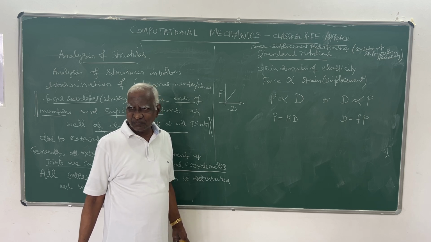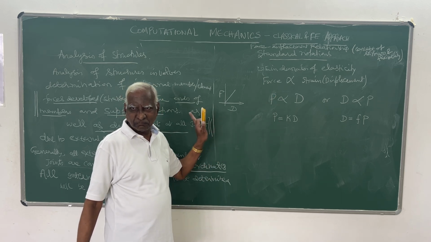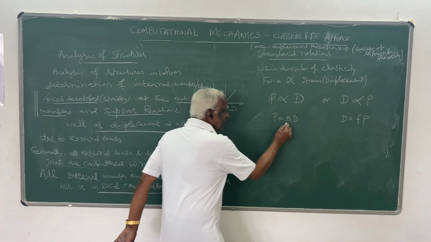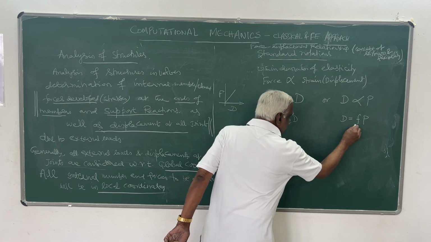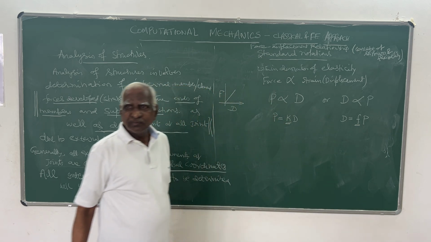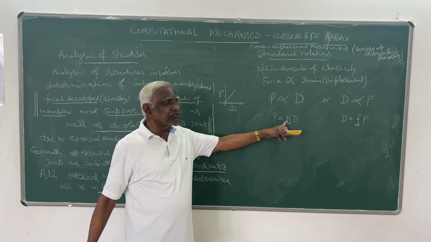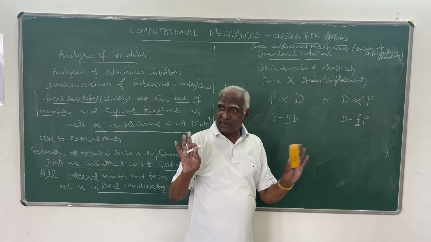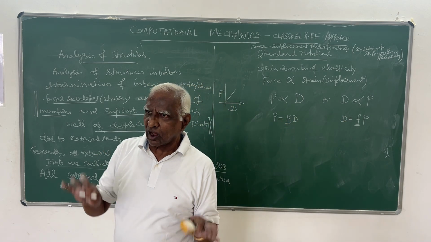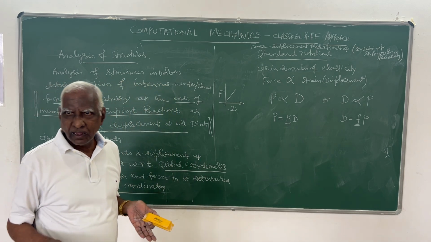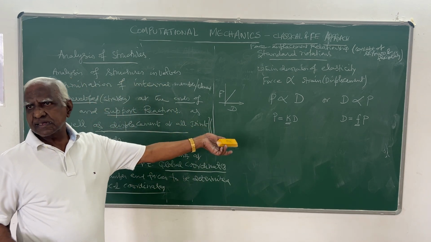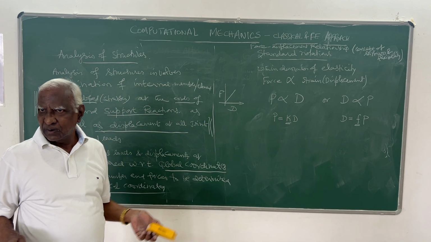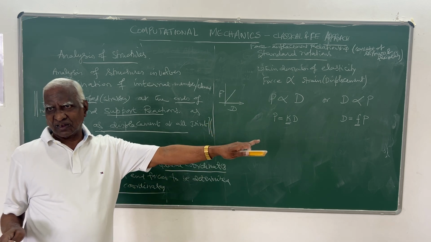I can write now, we are directly proportional, some constant. And this constant, we call it as stiffness or flexibility. Within the elastic limit, force is always proportional to displacement, or you can say P is equal to some constant into displacement, or vice versa.